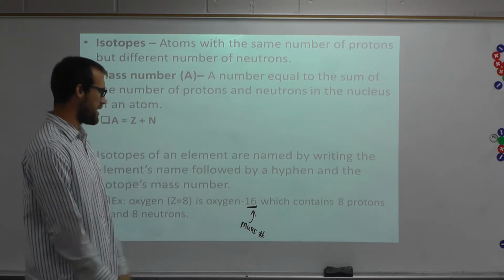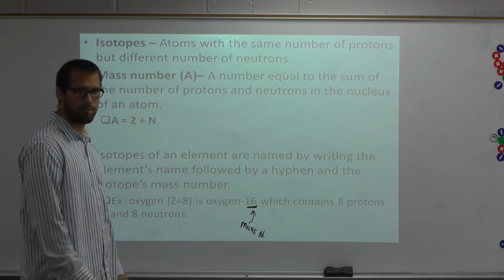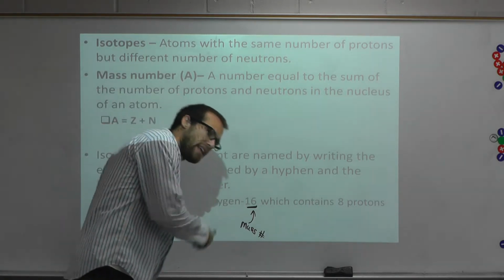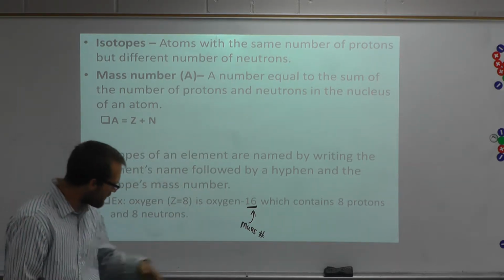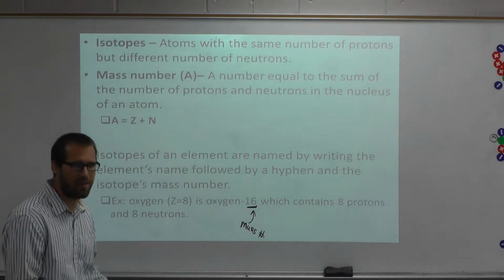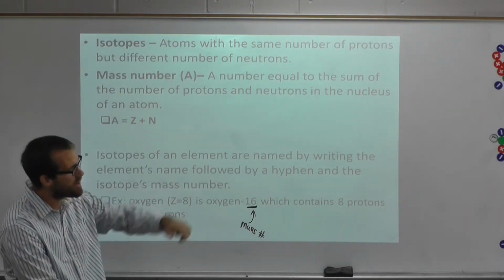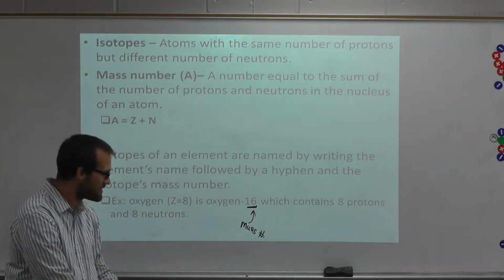Could I determine how many neutrons it has? Yes. Now I wrote that up there, but remember, if I know the element, I automatically know one thing. What is it? Protons. You would look at the periodic table, you would find oxygen, you would see it has 8 protons.